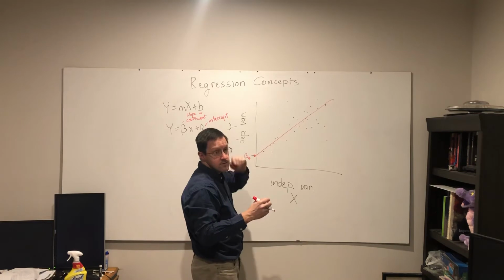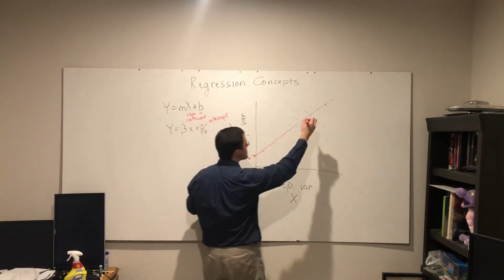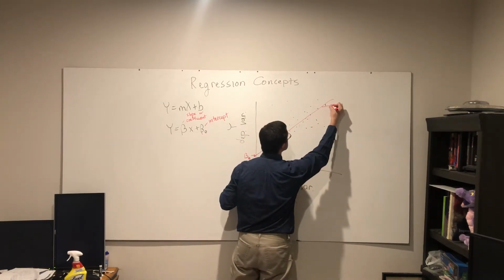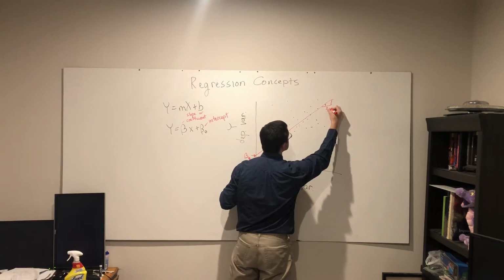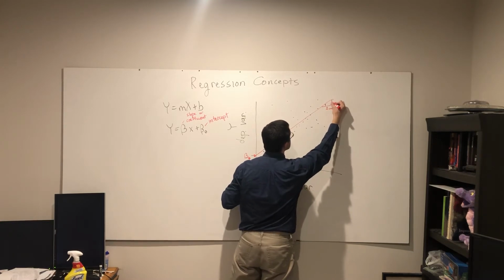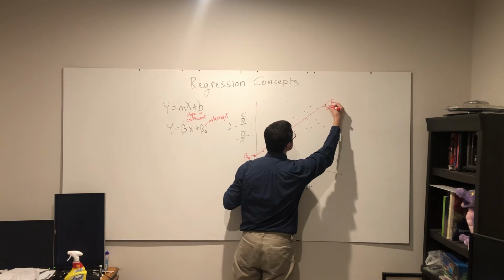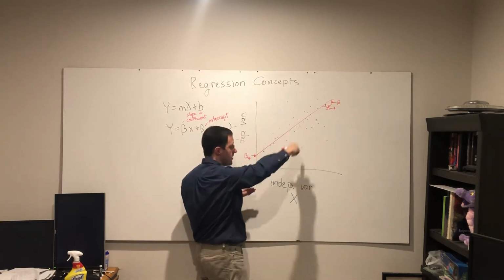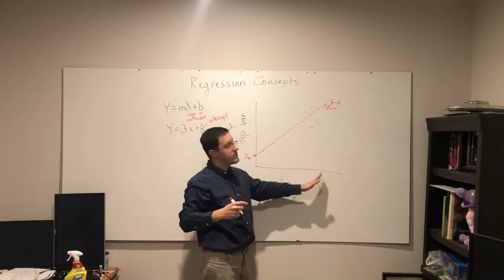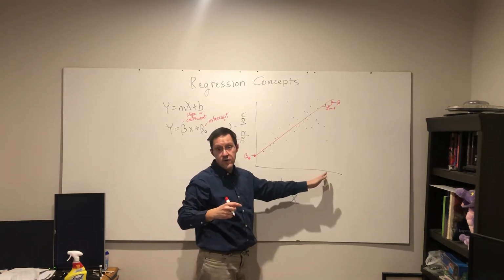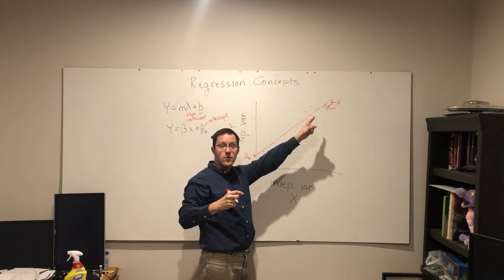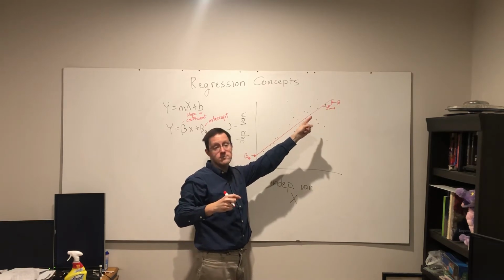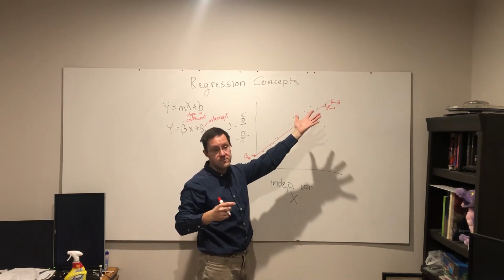And then we go from there. If I change x by 1 unit, if I increase x by 1 unit, what happens to y? That is beta, so the slope of the line.